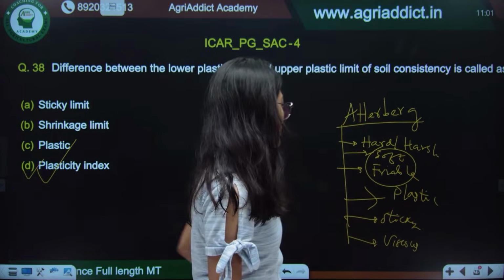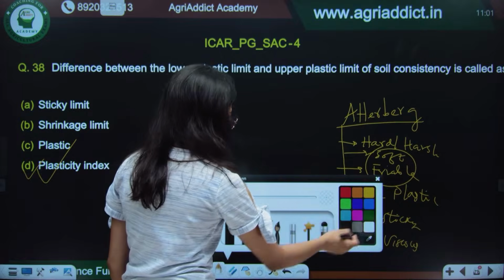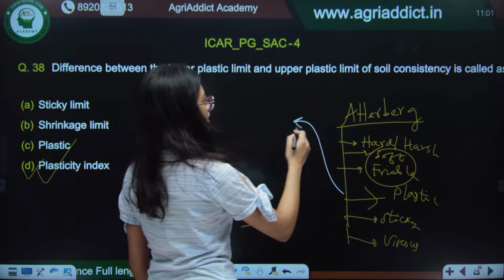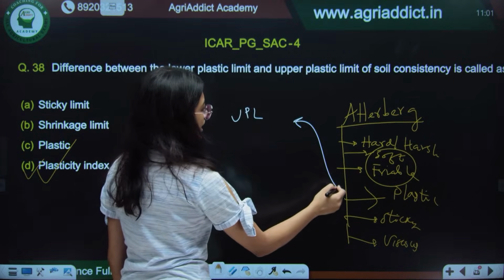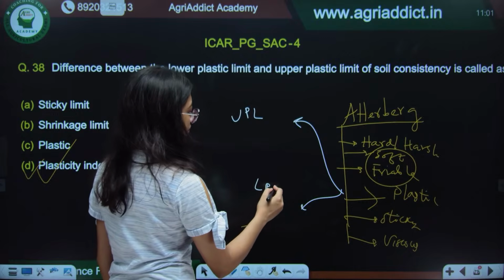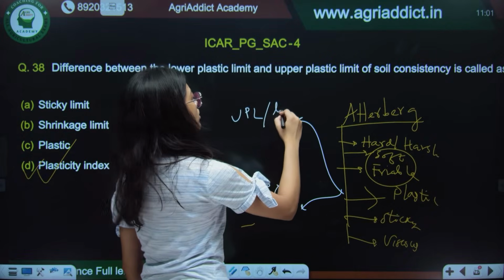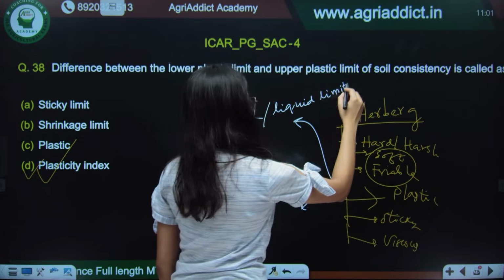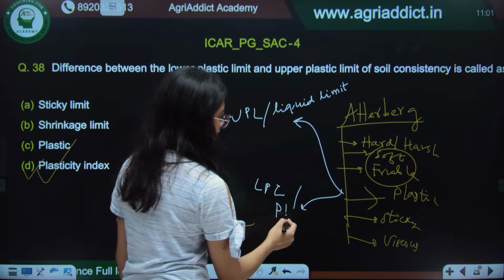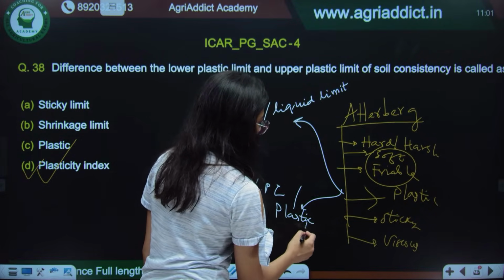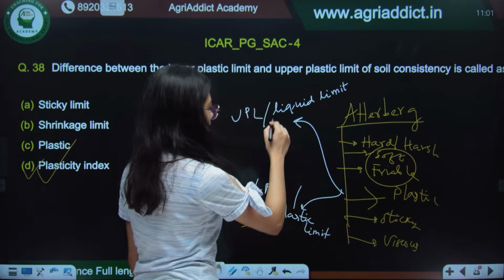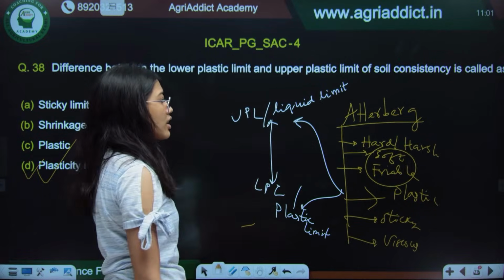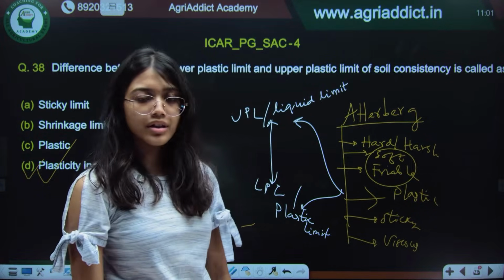So, whenever we have this plastic limit of our soil, we have two indices. One is upper plastic limit and the other is lower plastic limit. The upper plastic limit is also called our liquid limit, right? Liquid limit. And our lower plastic limit is called just the plastic limit. So, the difference between this upper plastic limit and lower plastic limit will give you the plasticity index of a particular soil.